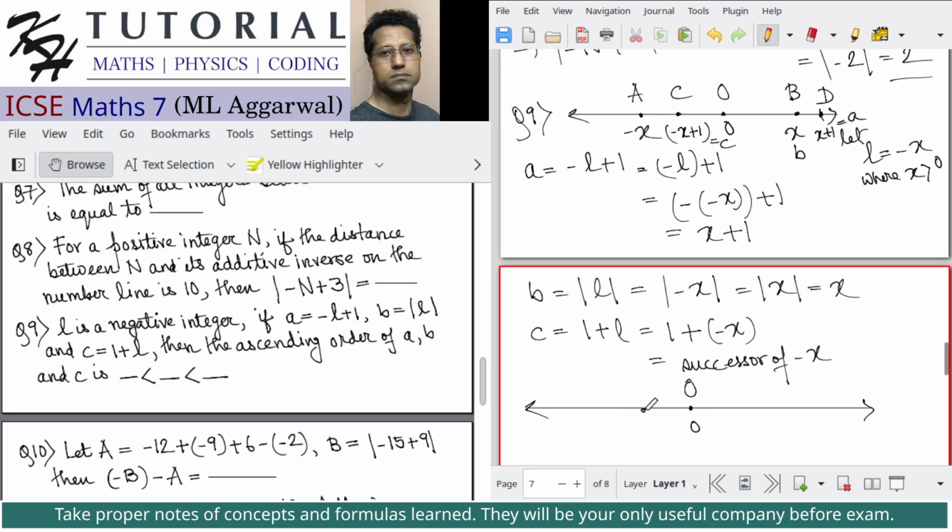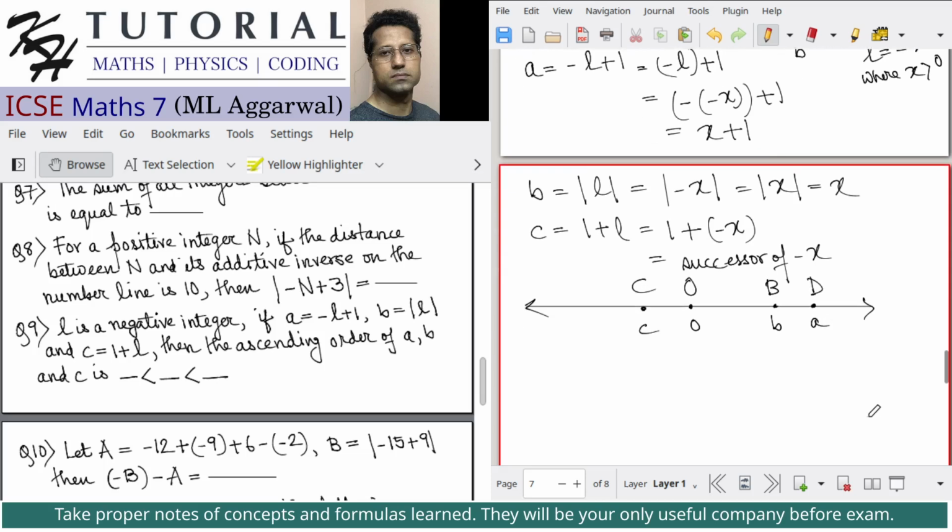The letter C is marking the integer small c, to the left hand side of the origin O, and B is marked by the letter B, to the right hand side of the origin O, and A is marked by the point A, which is to the right hand side of the point B.